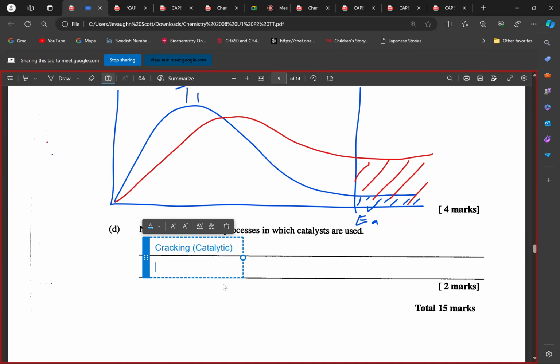So cracking is one. What else is present? What could we use catalysts for? Nobody has any other idea about the process?